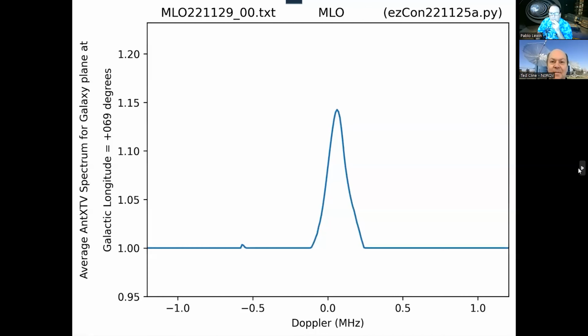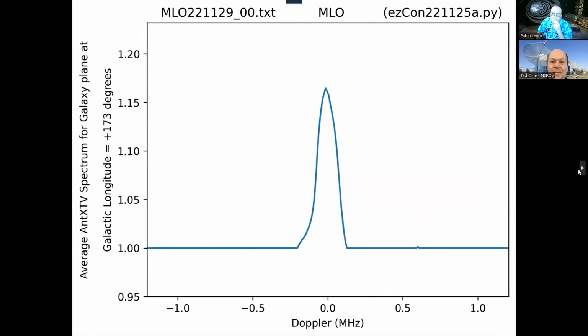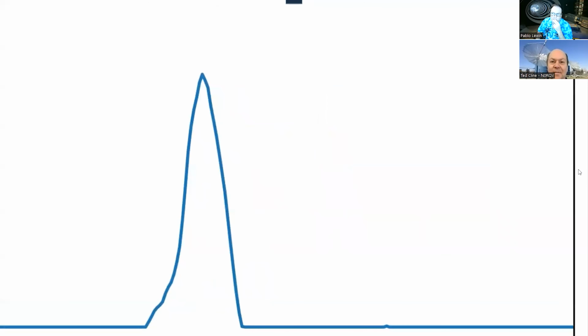And the values over on the left change a little bit, and this bump should move along. It's better when you get more and more data, of course. Going to the right, there'll be a bunch of them. I do this for every single degree of galactic longitude that you have. And you can see it moving along.